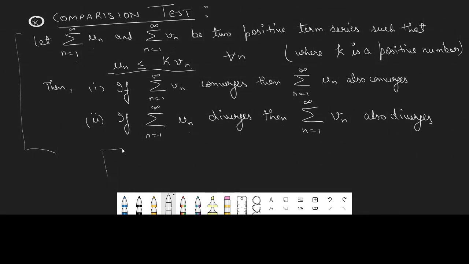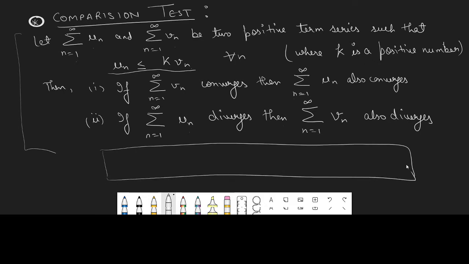And if you understand it in simple language, they are saying that if vn converges, then series un also converges. Basically they are implying that if un is the smaller series and vn is the bigger series, right?